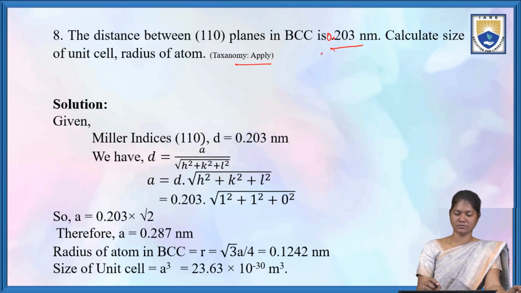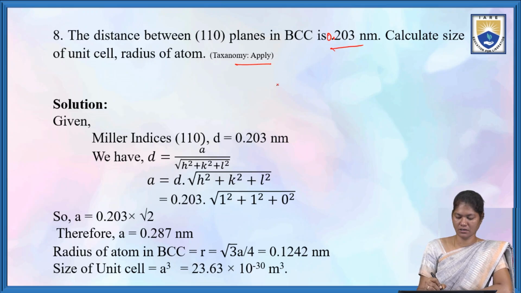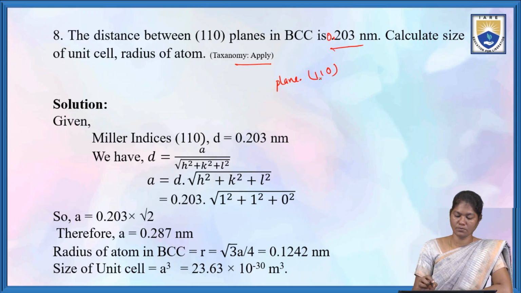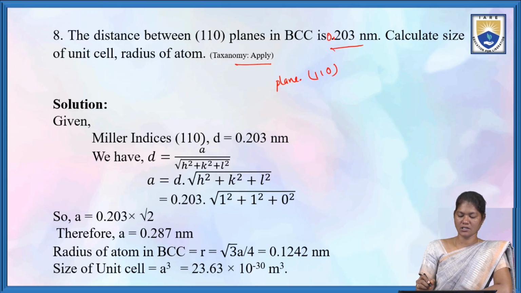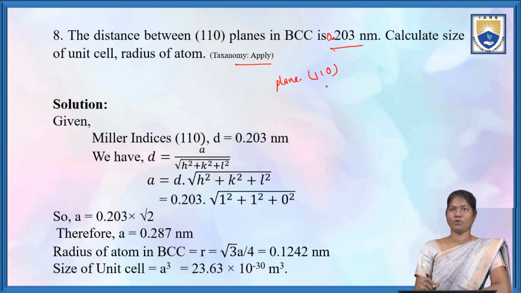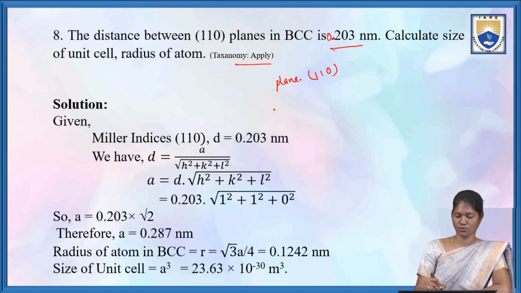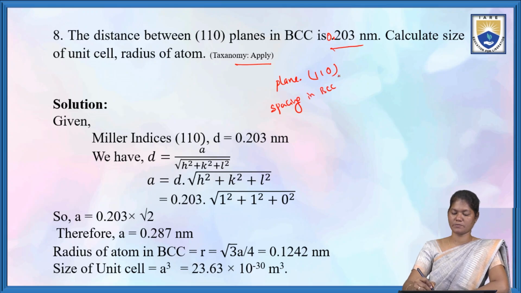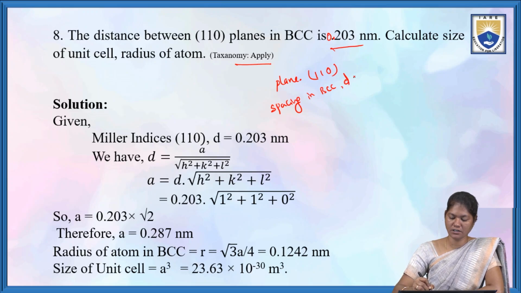The given data: the plane is 110, and the distance of these 110 planes in BCC is 0.203 nanometers. So the interplanar spacing in BCC is d equals 0.203 nanometers.